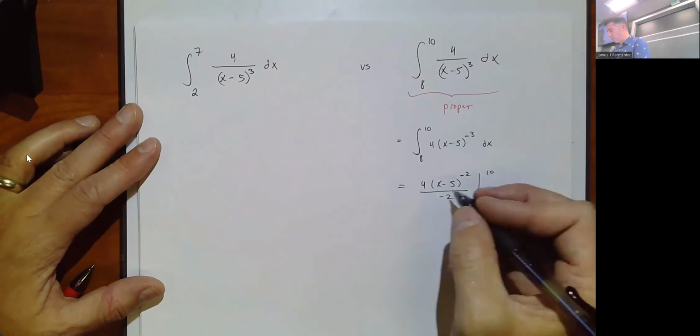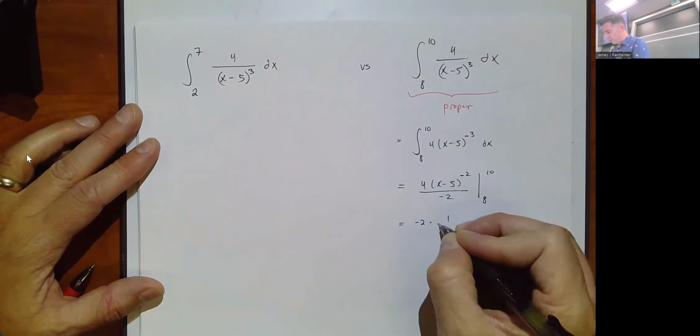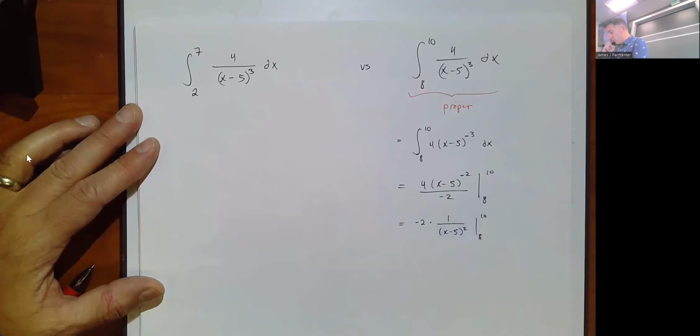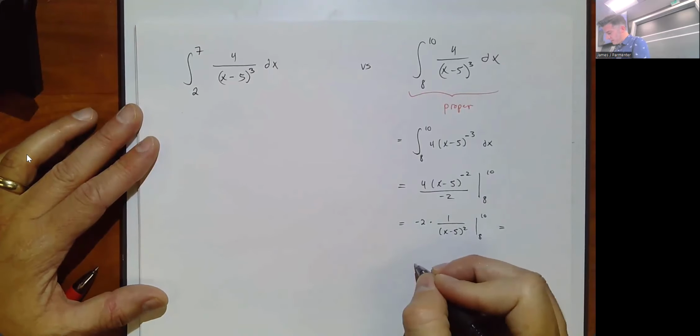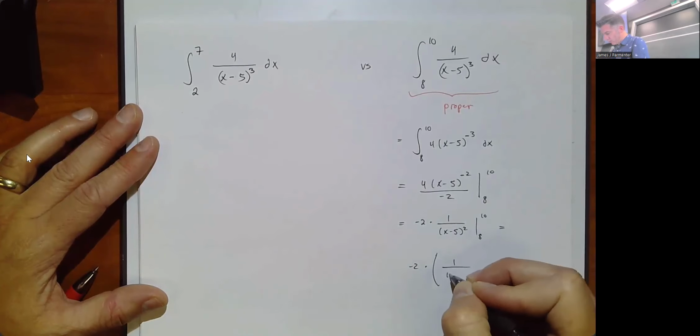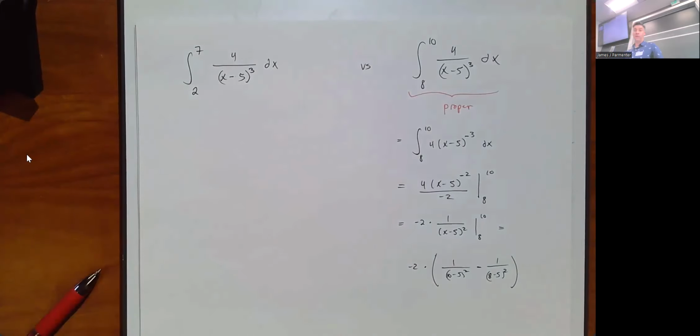I would probably rewrite this as -2 times 1 over x minus 5 squared from 8 to 10, and then just plug in, and you would get -2 times 1 over 10 minus 5 squared minus 1 over 8 minus 5 squared. I don't really care what that is. I just wanted to point out that that would be a proper integral. There's no places where the function is undefined on that interval, so no worries.